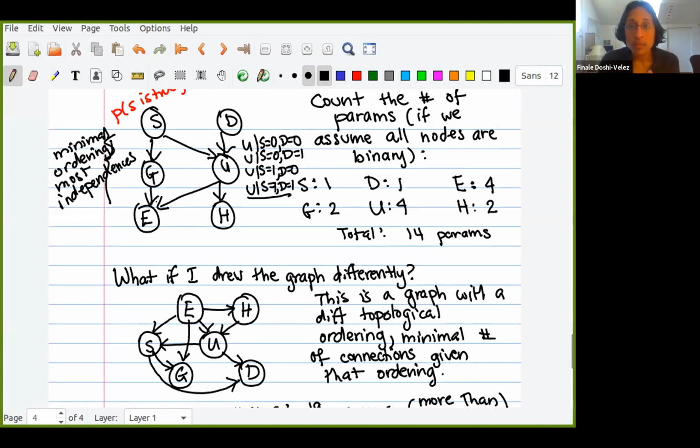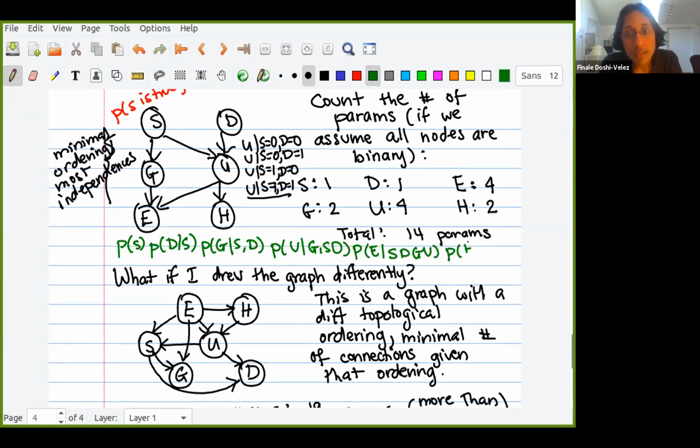Another way to point this out could be that I'm assuming that this is P of S, P of D, let me write, P of D given S, P of G given S, D, P of U given G, S, D, P of E given S, D, G, U, P of H given everybody else, right?